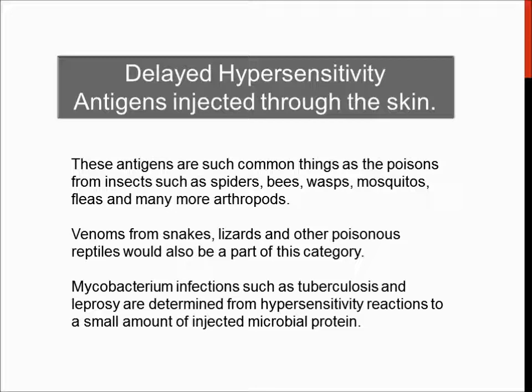It may be, again, this delayed reaction that will occur up to 48 or 72 hours later, or perhaps the second time that you are bitten by the insect or are injected, as in the case of the mycobacterium infections such as tuberculosis or leprosy, which are determined from hypersensitivity reactions to a small amount of injected microbial protein.